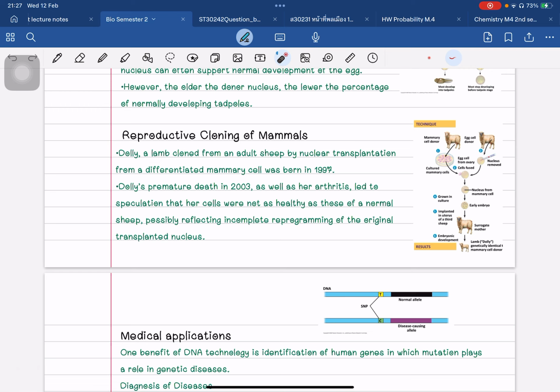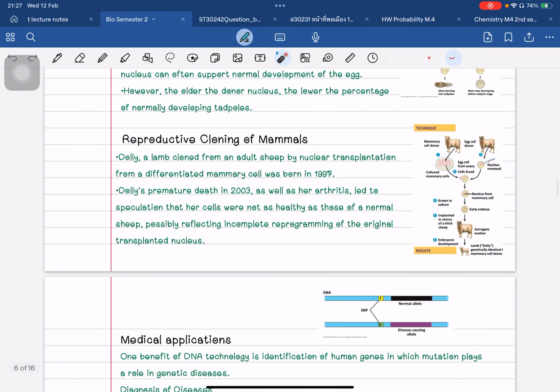Dolly is a lamb cloned from an adult sheep by nuclear transplantation from differentiated mammary cells. She was born in 1997, and Dolly's premature death in 2003, as well as her arthritis, led to speculation that her cells were not as healthy as those of a normal sheep, possibly reflecting incomplete reprogramming of the original transplanted nucleus.